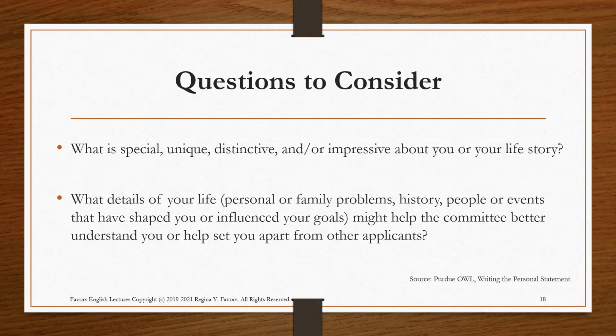I'm the first one to even think about anything else other than going to jail or something like that. So we have a lot of go-to statements that we use to sort of describe or suggest something about our specialness or our uniqueness or our distinctiveness.